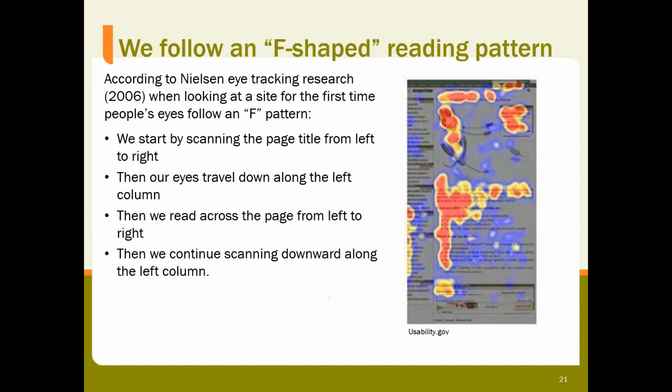Typically, people follow an F-shaped reading pattern where your eyes will go like this. And there's lots of really good references in these slides, which Sarah and her team are going to make available to you.